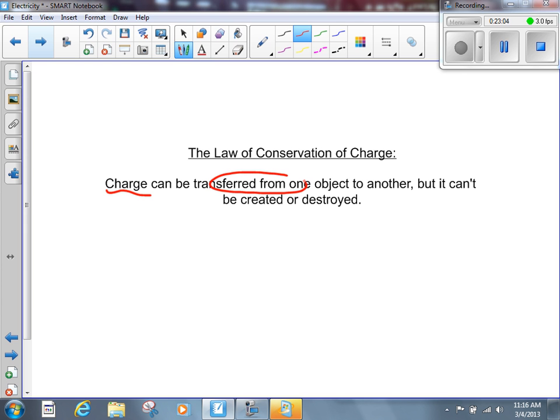By the way, if charge is going to move, if charge is going to be transferred from one to the other, what kind of charge do you think it's going to be that's going to move? Positive or negative? Why? What's in the nucleus? The protons and the neutrons, right? What's surrounding the nucleus? The electrons orbiting around.